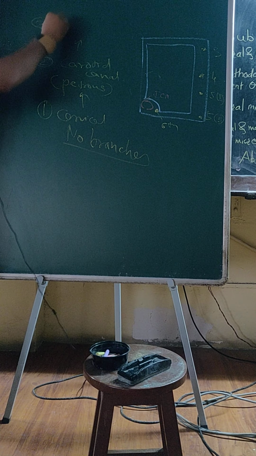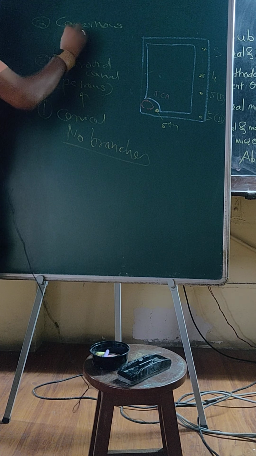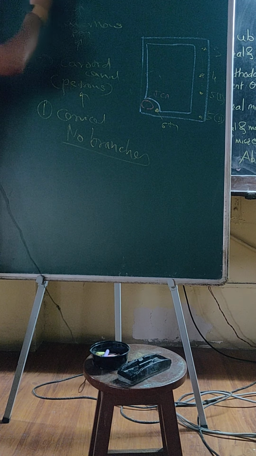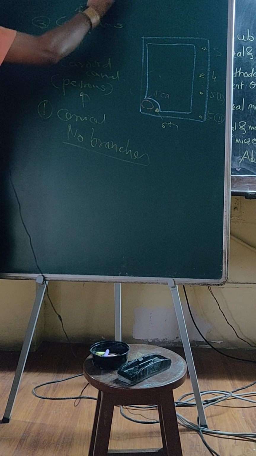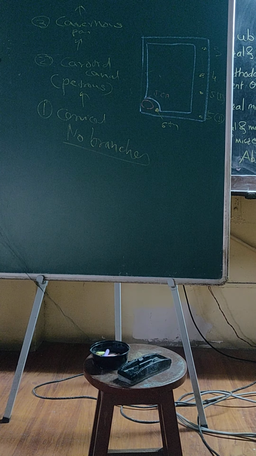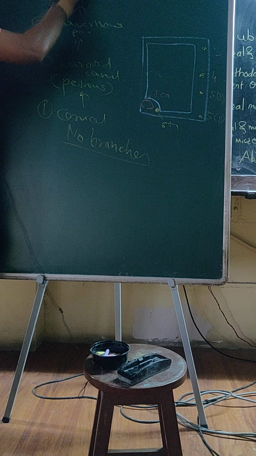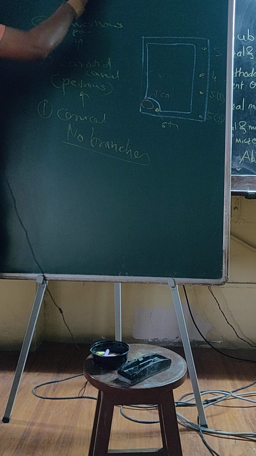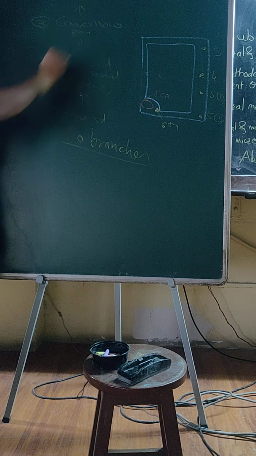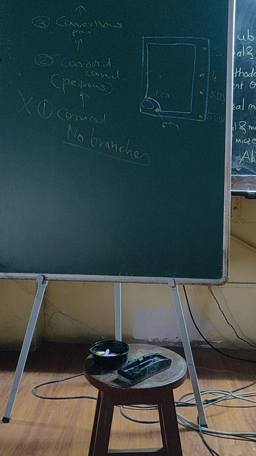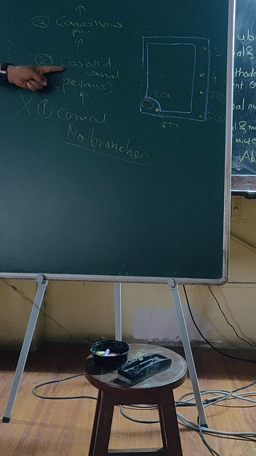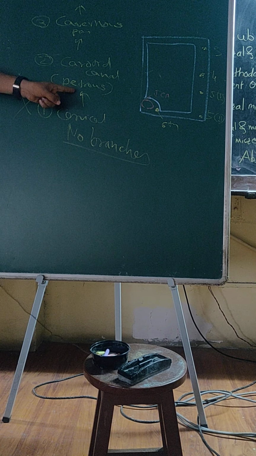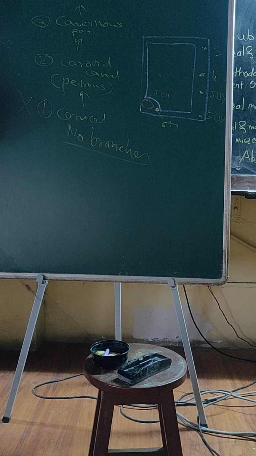The third part is called the cavernous part, and the fourth part is called the cerebral part or intracranial part. The carotid canal lies in the petrous temporal bone. Therefore, it is called the petrous part.